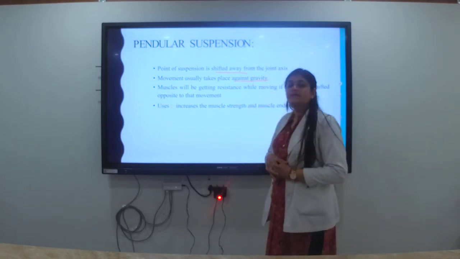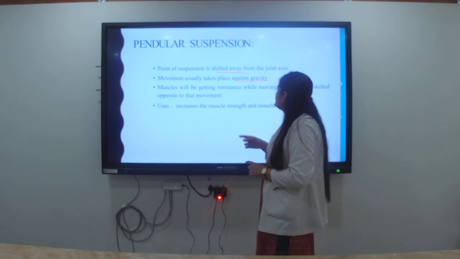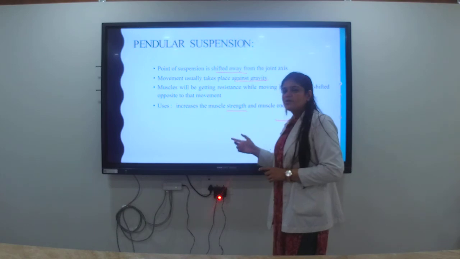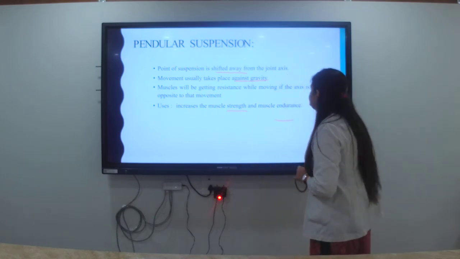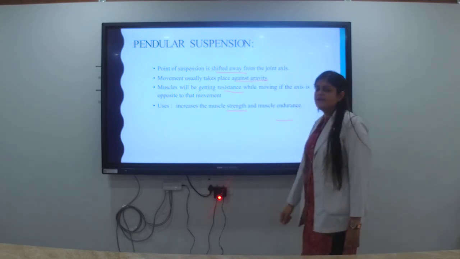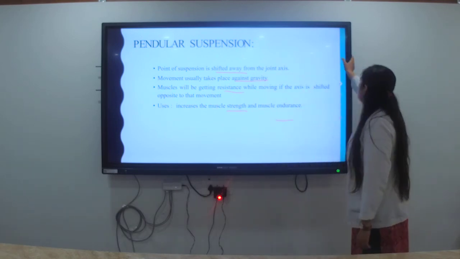This was not possible in your axial suspension. So the uses are for strength and for endurance mainly, which is not possible in your axial and vertical. Giving resistance is an important thing that we can achieve only in pendular suspension.